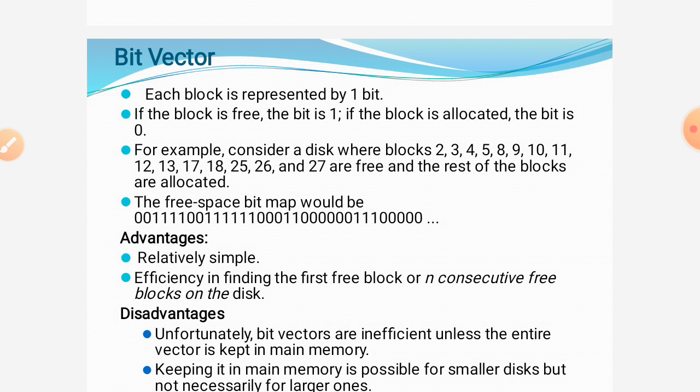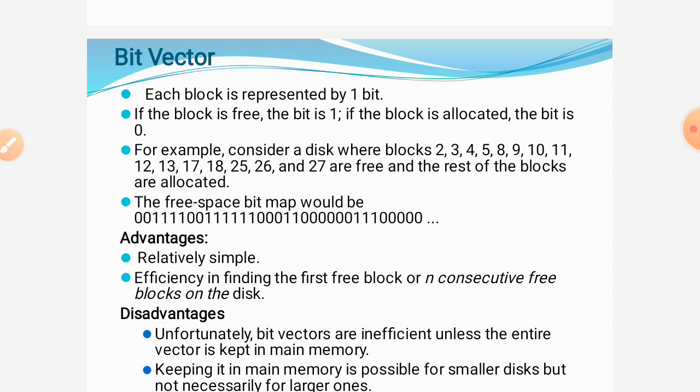And for the first position again it is allocated. And for the second position, we can see the blocks 2, 3, 4, 5 are free. That means the second, third, fourth and fifth positions are given as bit 1. So the bitmap is like this: 0, 0, 1, 1, 1, 1, like that.